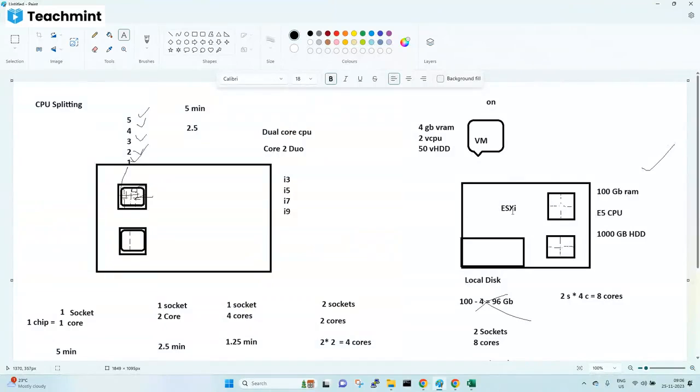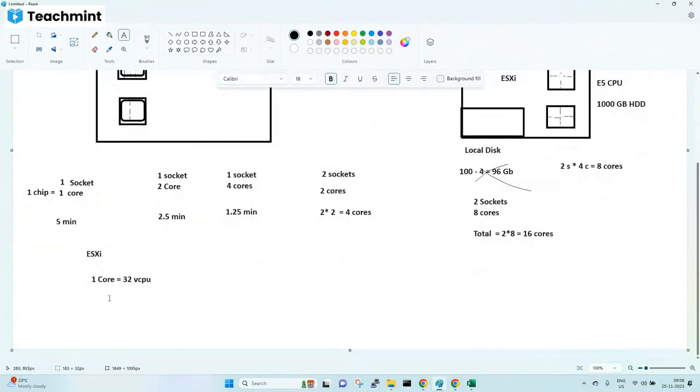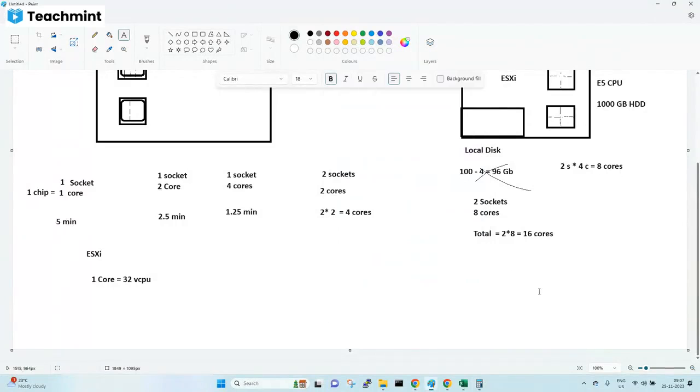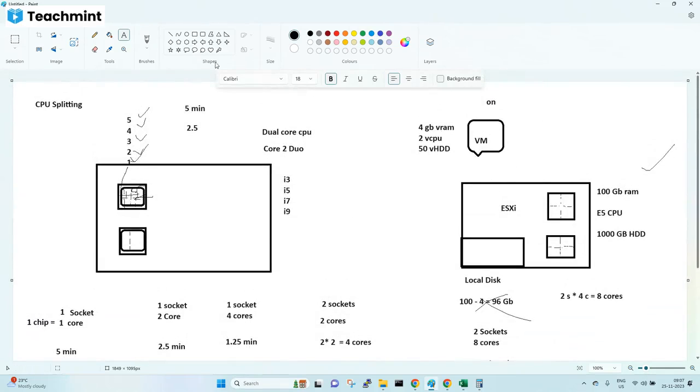Once you install ESXi here, we can allocate 32 vCPUs from a single core. But we have a total of 16 cores. 16 into 32, maximum. This is the product maximum. Nobody will use the maximum. How many vCPUs can we generate here? Even I'm bad in calculation, I'll just count. 16 into 32, 512 virtual CPUs.